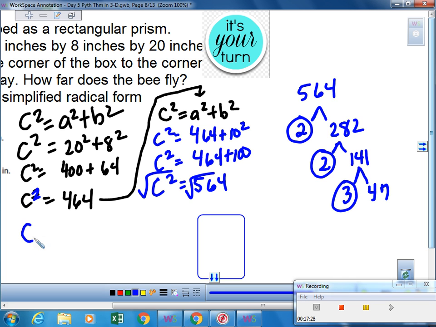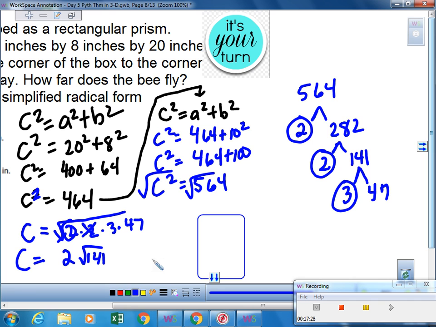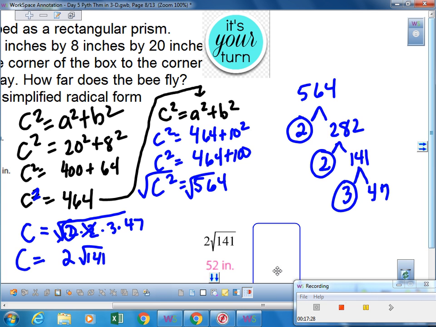Not 2, 3, 4, 5, 6, 7, 8, 9. So we're just going to leave it like that. So this would be C equals 2 times 2 times 3 times 47. So C equals, I'm going to take the 2 out, get rid of 1. 2 times the square root of 141. Oh, look at that. Perfect.